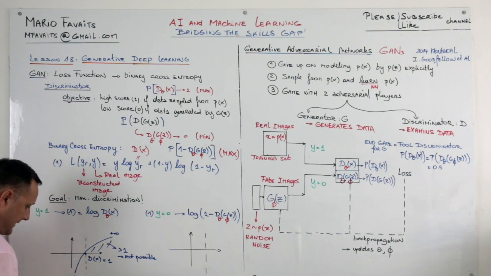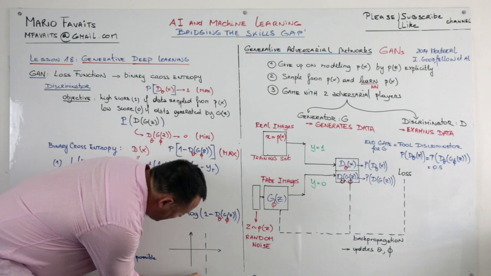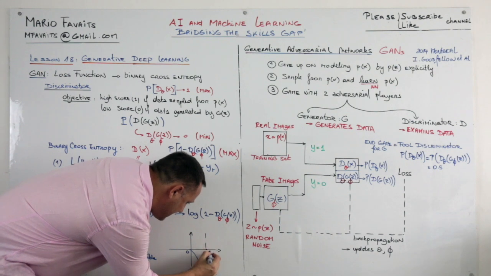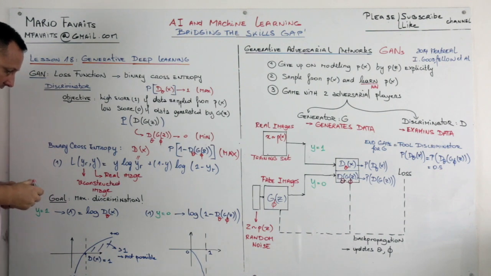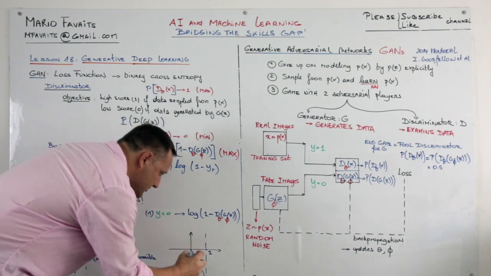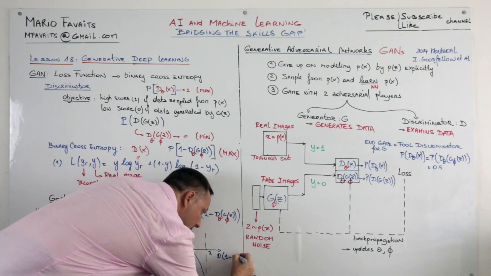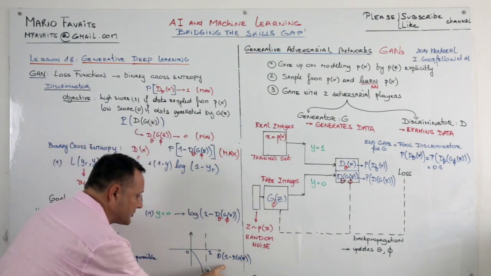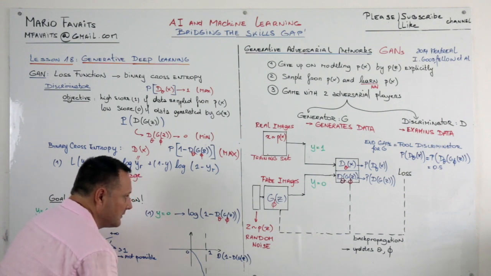Now if you look at the other situation, you have something like this. So you're going to end at 0, and this again is 1. And here, if we want to find the maximum value, and sorry, this is d of x, and this should be log of 1 minus d of g of z. Alright, this is that function. And if we want to maximize this, we have to bring it to 0.